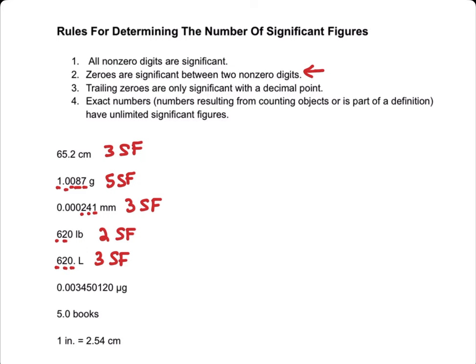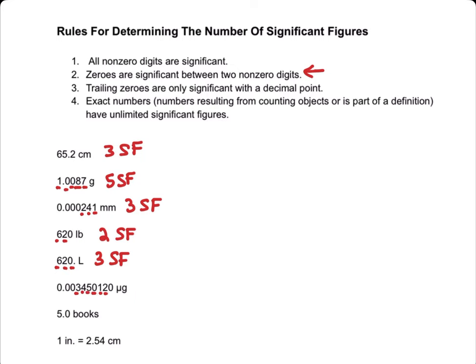0.003450120 micrograms. This one has non-zero digits and it has zeros. All of the non-zero digits count. 1, 2, 3, 4, 5. Preceding zeros, zeros that come before the number, don't count. Zeros that come between two non-zero digits count.